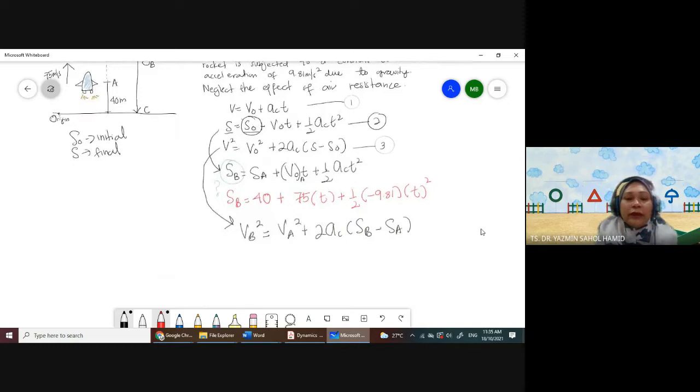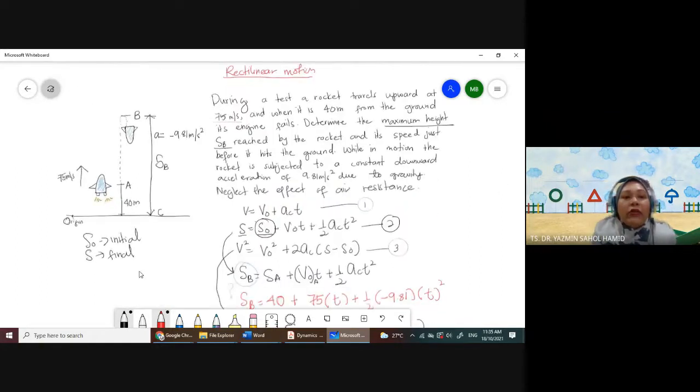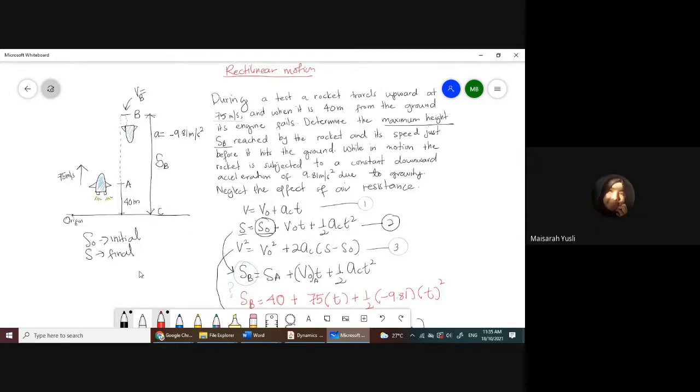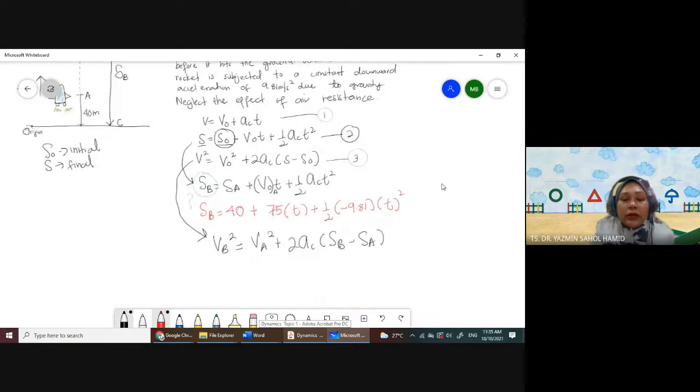So what is VB squared? When the rocket reaches the maximum height, what do you think the velocity will be? Yes, 0. That is something you need to know: when it reaches the maximum height, the velocity will be 0.